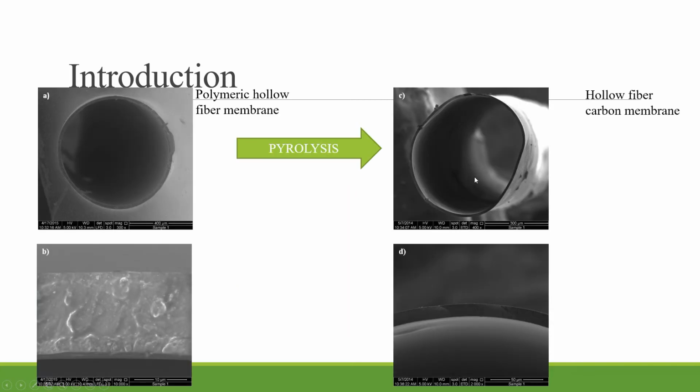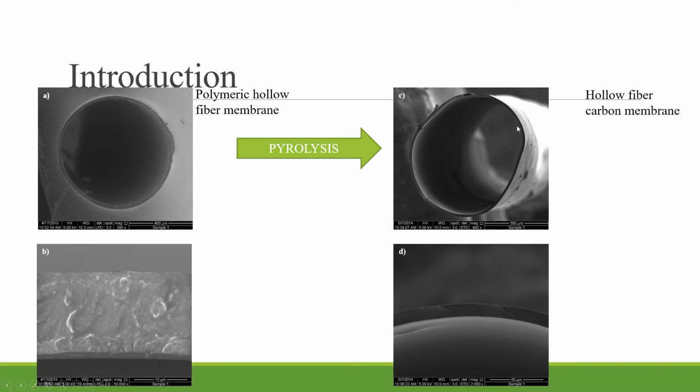Okay, so this is an example of a polymeric hollow fiber membrane. We produce it here, and then when we pyrolyze, we send it for high temperature treatment. The membrane will change in terms of size and thickness due to the densification process from polymer into purely carbon material.